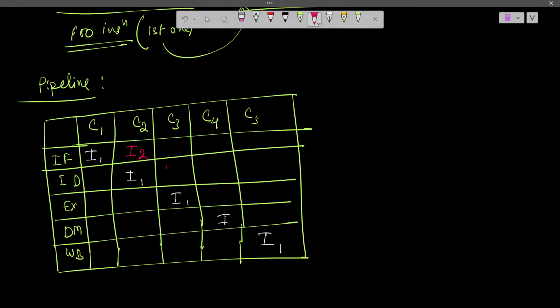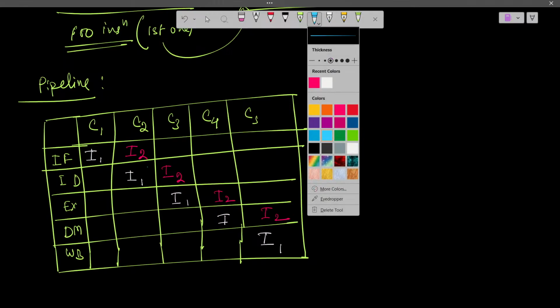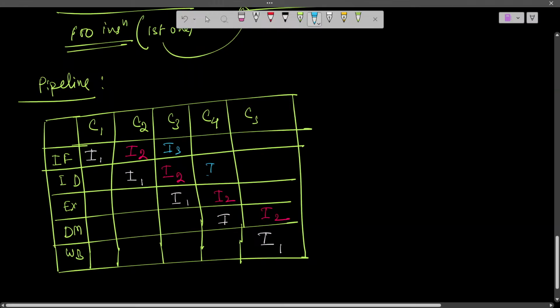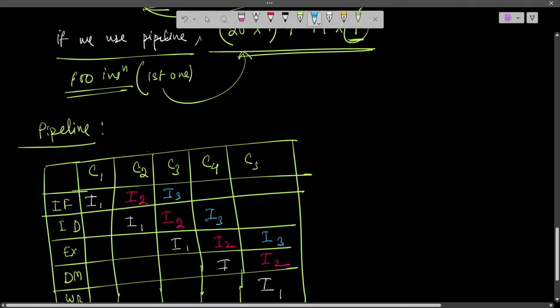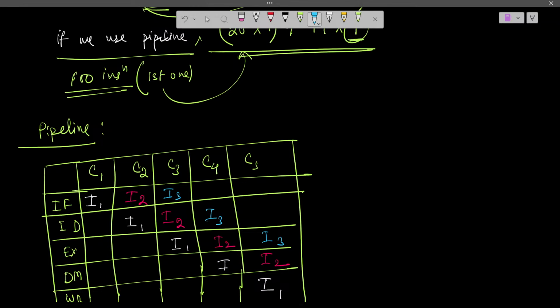I2, I2, I2, I2, and then I3 will work like that. So it actually works something like that. Okay, so you guys can see that it generally takes fewer and fewer cycles as the number of instructions is growing, right?